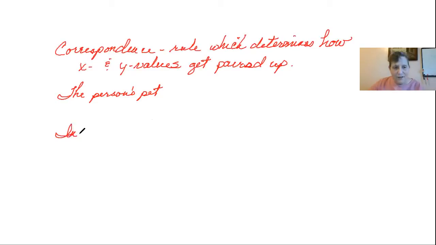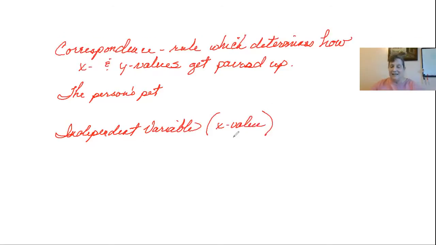What they call the independent variable, we usually use that as X, the X value, or literally the X. The independent variable is the first one, the one we choose.